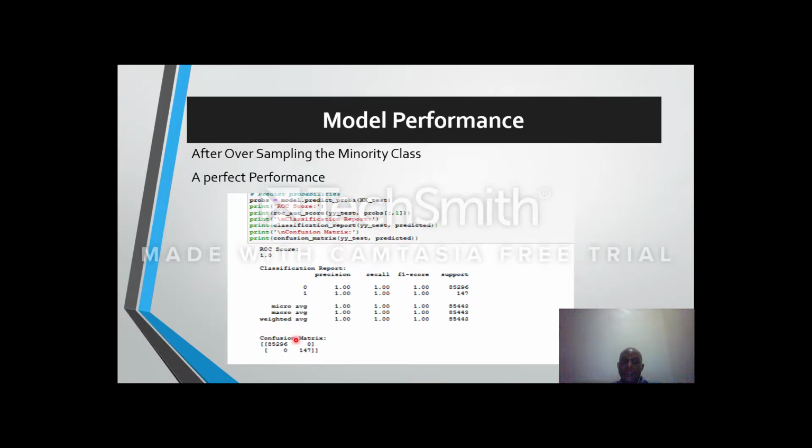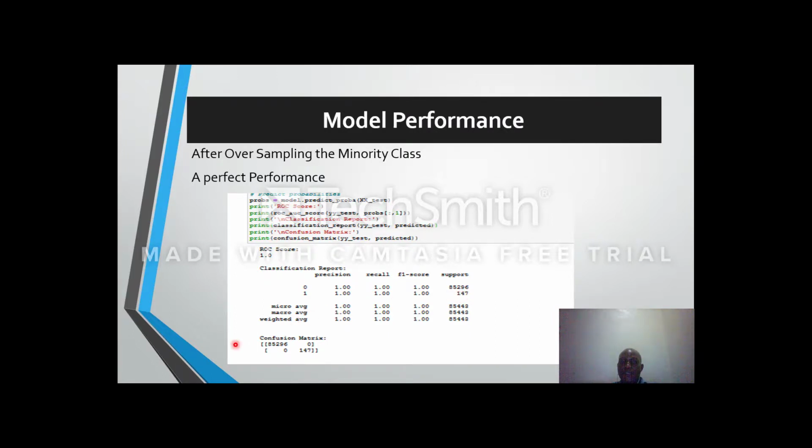We are looking at the confusion matrix here, we can see that our target of getting all the fraud was achieved. As we can see from what the support is showing here, the support is telling us that we have 85,296 non-fraud cases against 147 fraud cases.